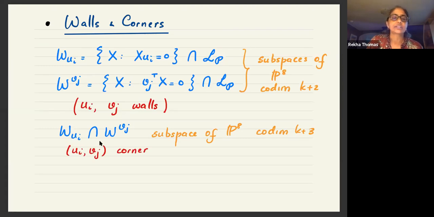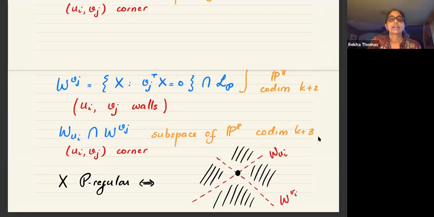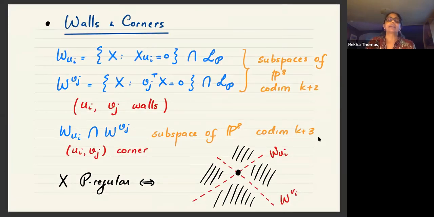And then oftentimes we're interested in their intersection. So if I intersect the I wall with the J wall, I will call the intersection a corner. So we're going to call this the UI VJ corner. This is also a subspace, and it has codimension 1 more. So it has codimension K plus 3. Okay. So to be truly a fundamental matrix that corresponds to a reconstruction, there is a subtlety, but I'm not going to really talk about it.